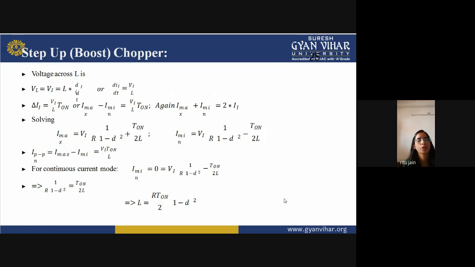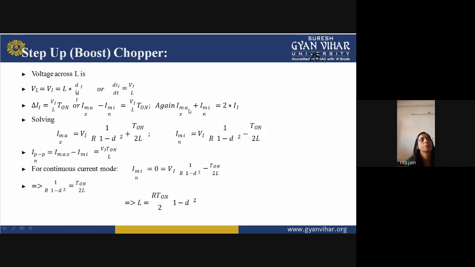And the voltage across the inductor is VL is equal to V1, which is equal to L di upon dt, and from this equation you can get di1 dt is equal to V1 upon L. So del I1 is equal to V1 upon L into T on, or I maximum minus I minimum is V1 upon L into T on.